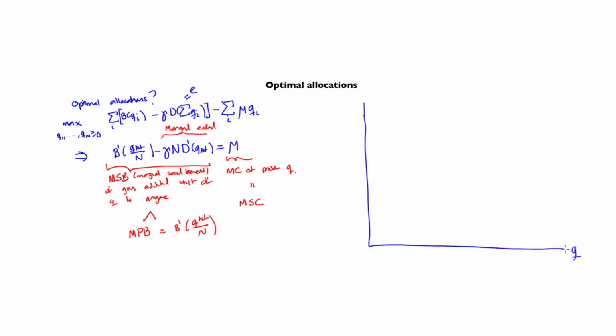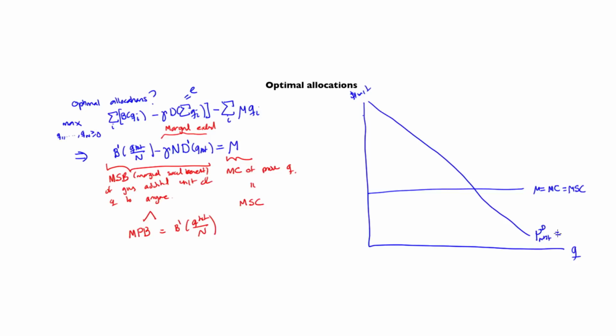So again, let B(Q) be these dollars per unit. We have mu, which is equal to the marginal private cost, and is equal to the marginal social cost of producing Q. And then we have the inverse demand function for the market.